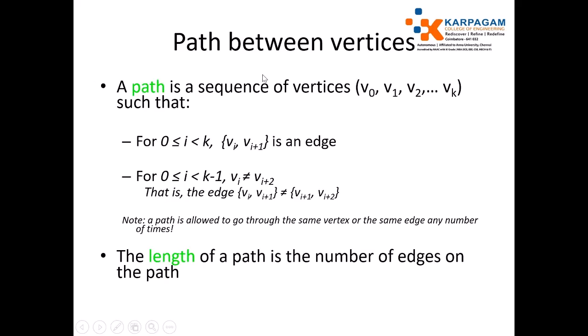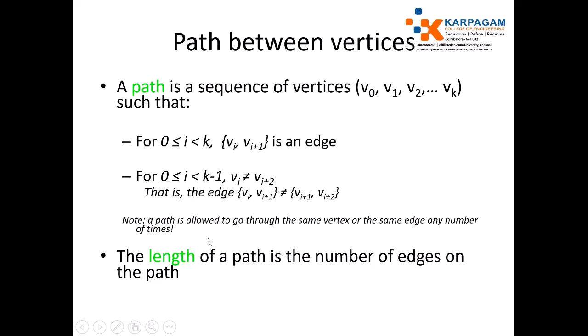Next is the path between vertices. A path is a sequence of vertices v0, v1 up to vk such that for i ranging from 0 to k minus 1, (vi, vi+1) is an edge.